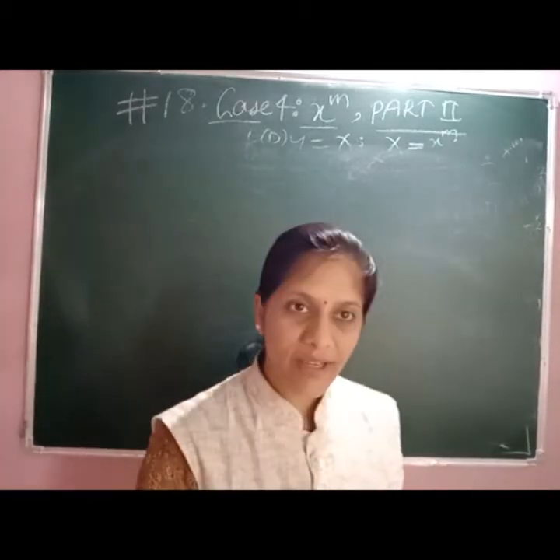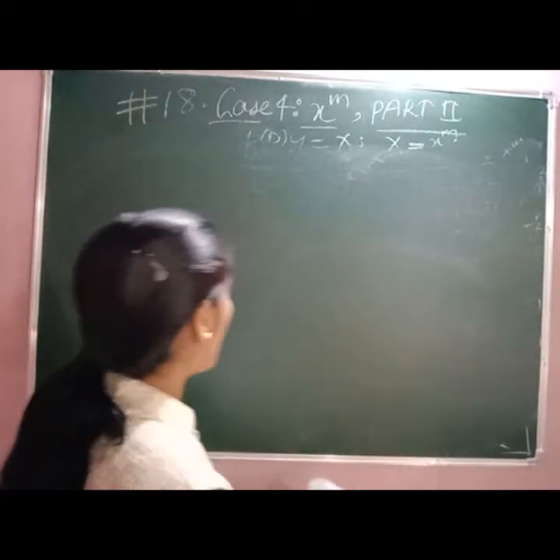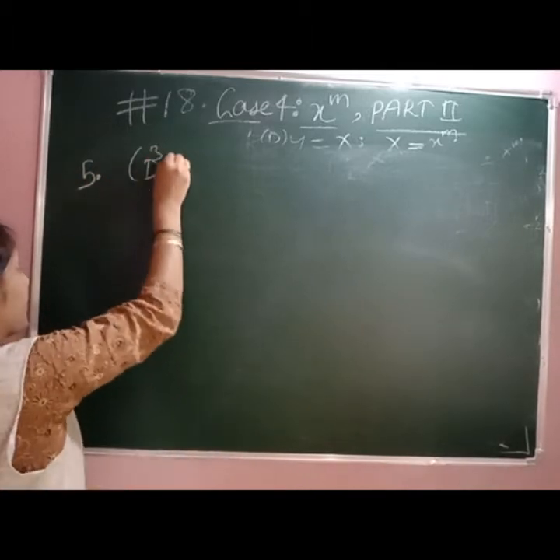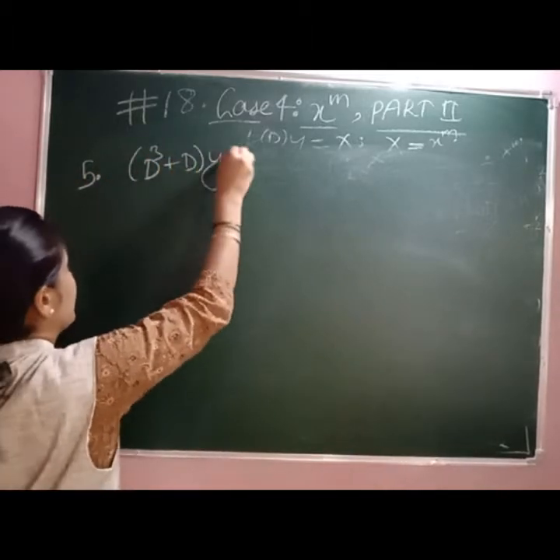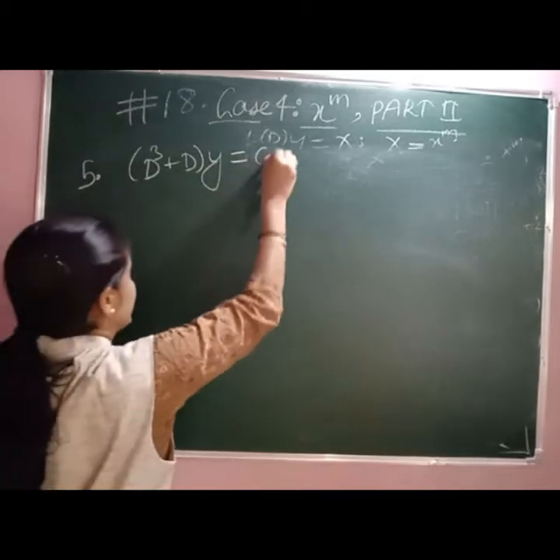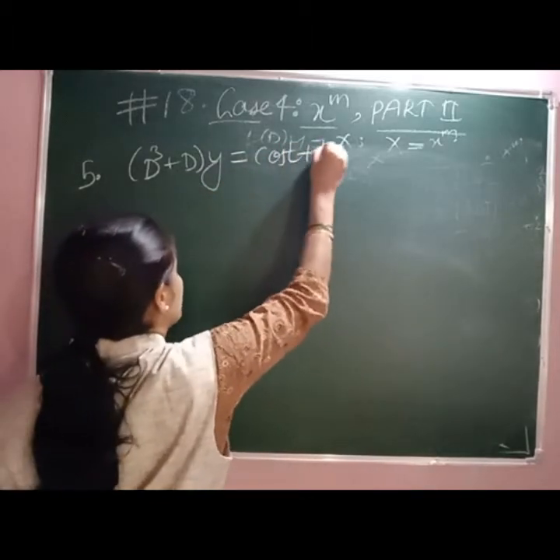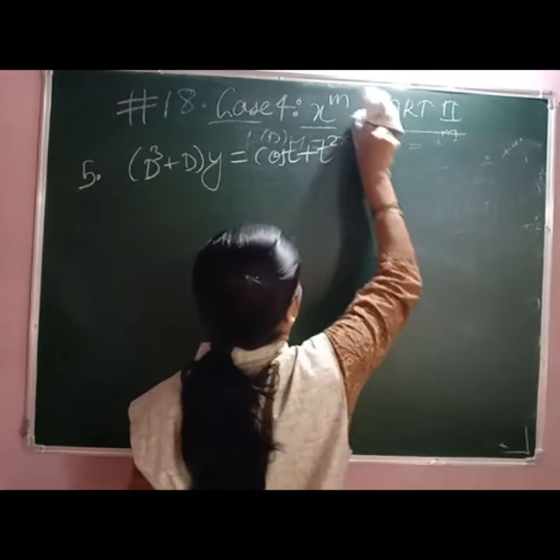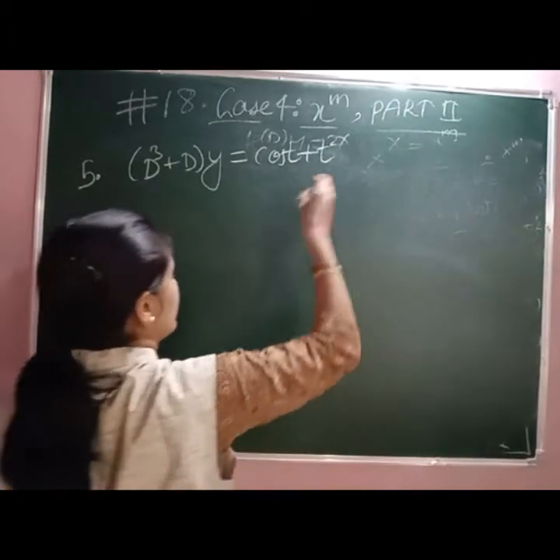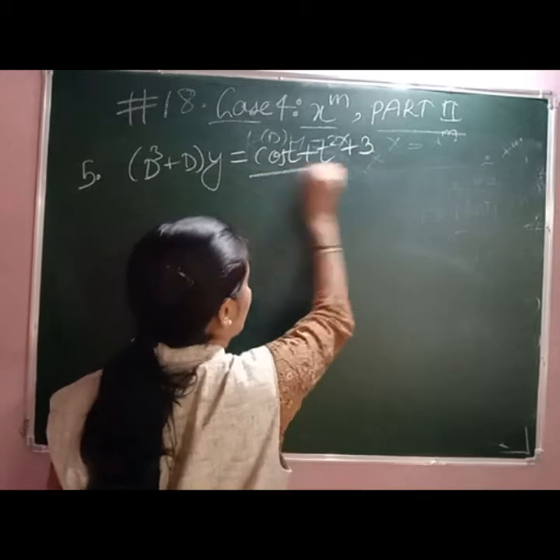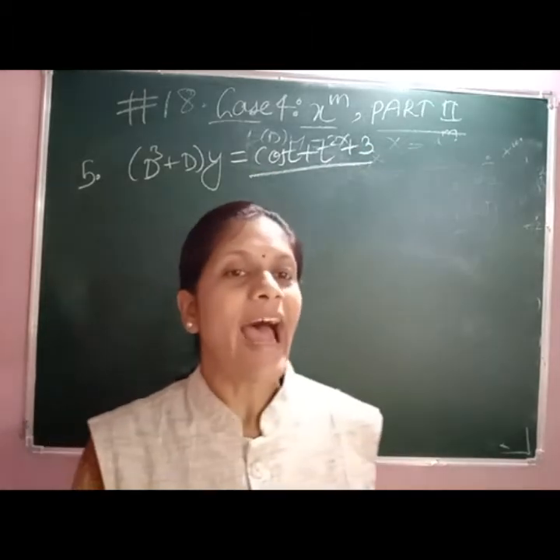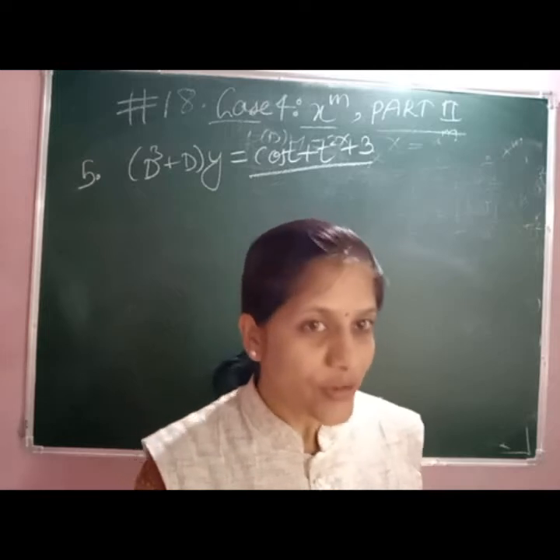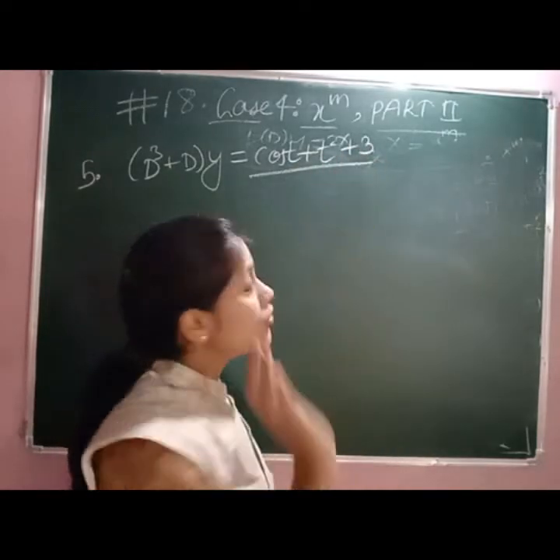Question number 5 has been given as: solve (D cube plus D) of y equal to cos t plus t squared plus 3. As soon as we see this, we understand it is non-homogeneous, a combination of all cases.